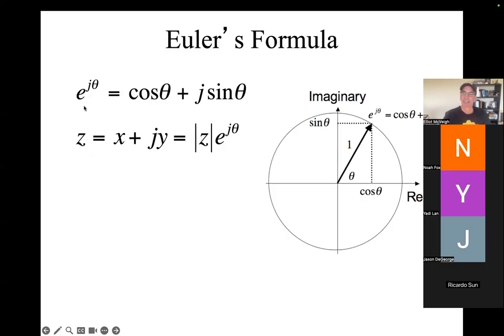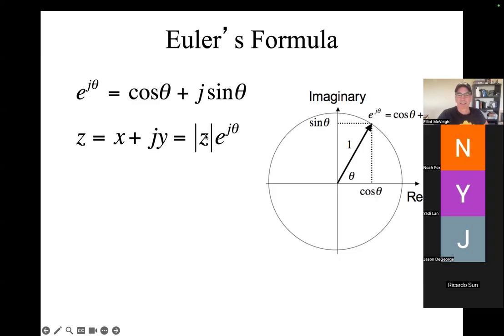So we all know what e to the x is, right? If x was a real value up here, we know e to the x is the function that is its own derivative. So when you take the derivative of e to the x, you get e to the x back as that derivative. When we put a complex number up here in the argument for e to the x, we can show its definition gives us cos theta as the real part and j sine theta as the imaginary part of this complex number.